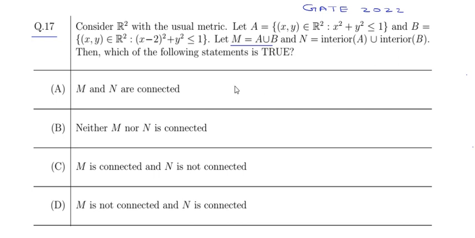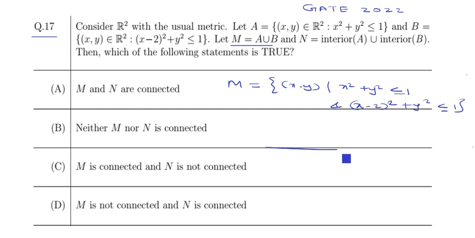Suppose we take M. Our set M is the set of all (x, y) belonging to R2 such that x square plus y square is less than or equal to 1 and (x minus 2) square plus y square is less than or equal to 1. So let us draw this one.